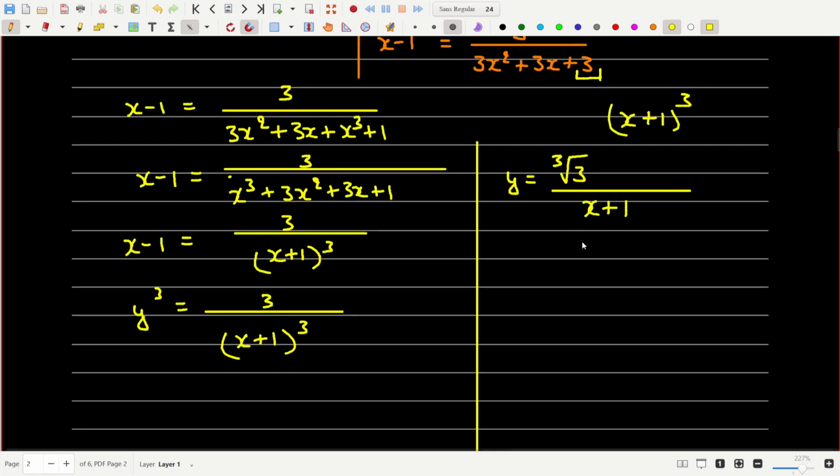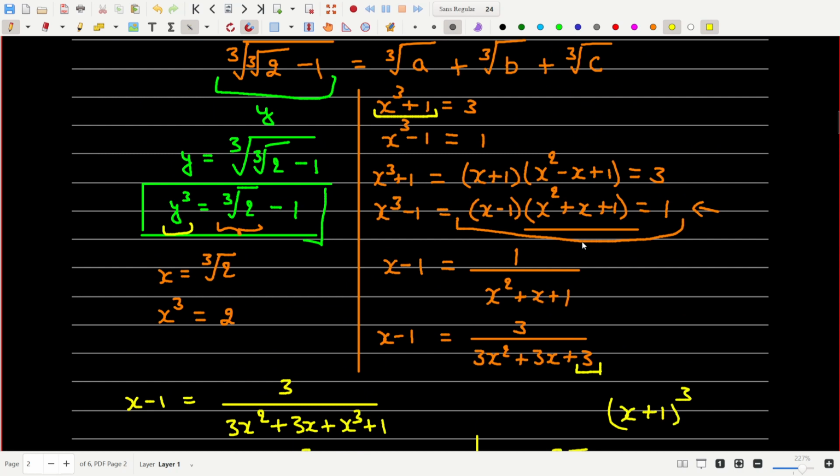Now x plus 1 is what? If you look at this equation, x plus 1 is equal to 3 upon x square minus x plus 1. If I take this term to the right hand side, on the left hand side I'll be left with x plus 1, and the right hand side is going to become 3 upon x square minus x plus 1.